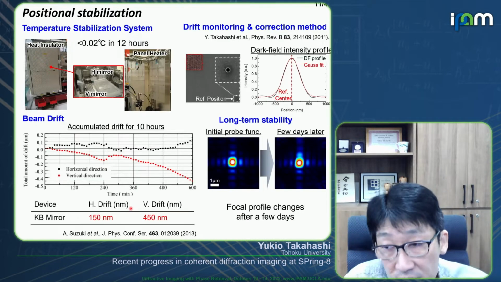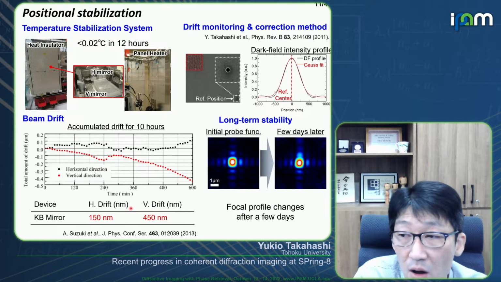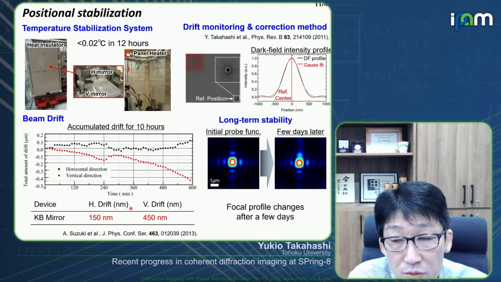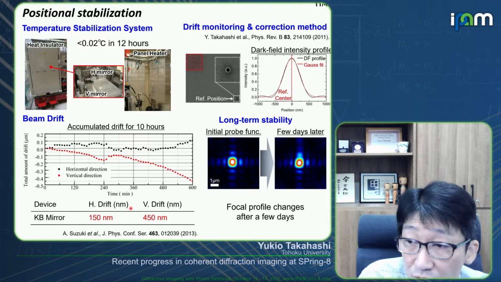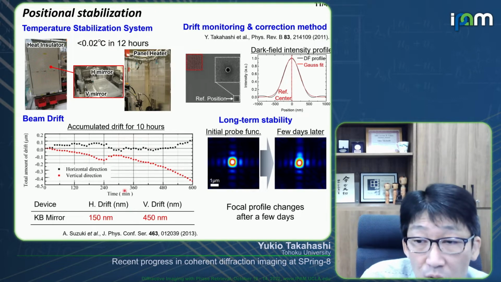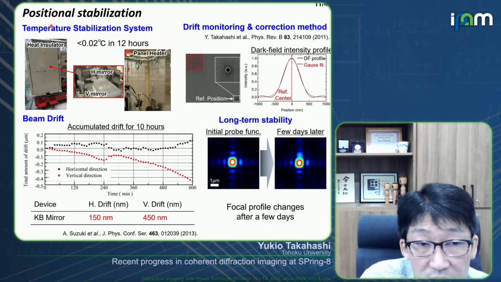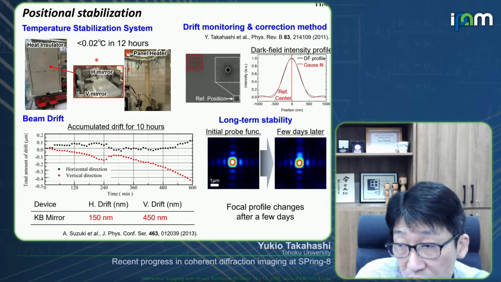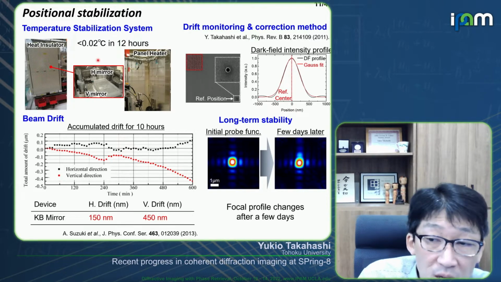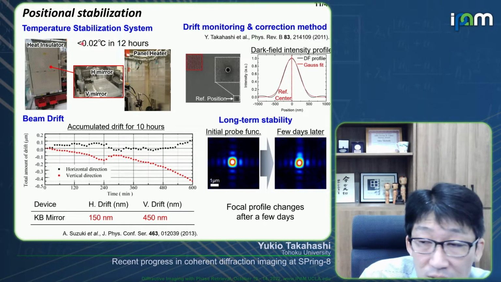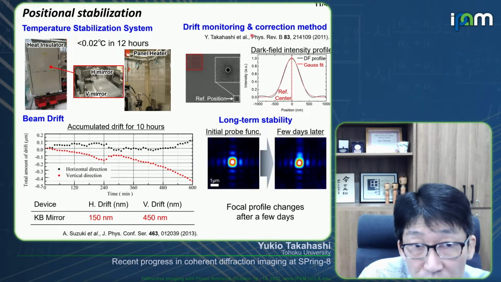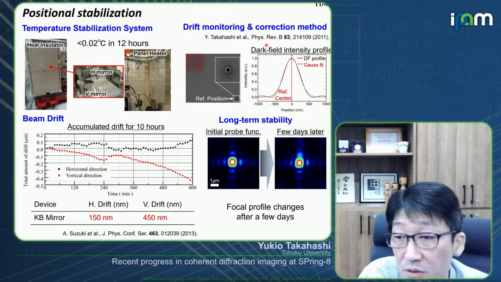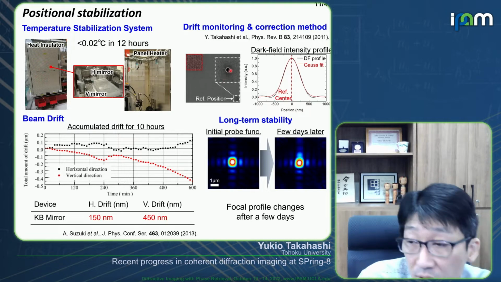In order to obtain high resolution images in X-ray ptychography, in addition to increasing the incident X-ray intensity, beam stability is also very important. We developed a temperature stabilization system. Temperature change of the apparatus in 12 hours was suppressed to less than 0.02 degrees C. We also developed a drift monitoring and correction method using a reference hole on the sample.